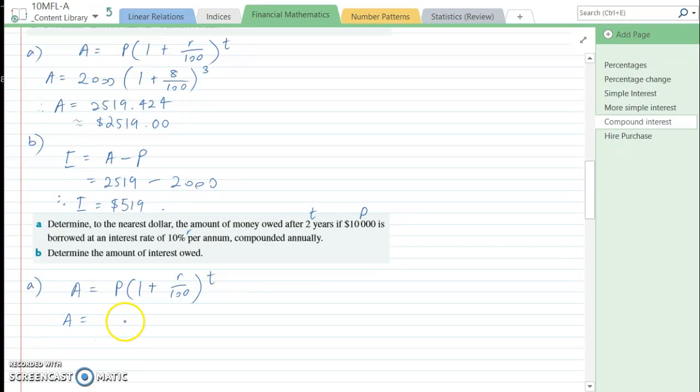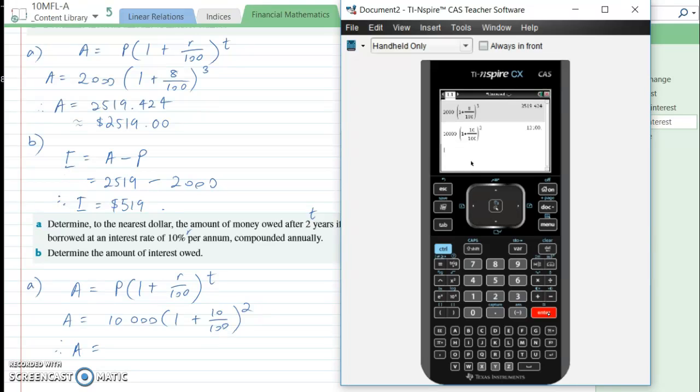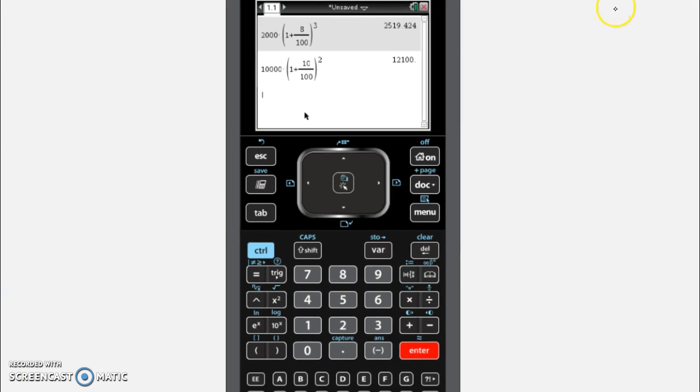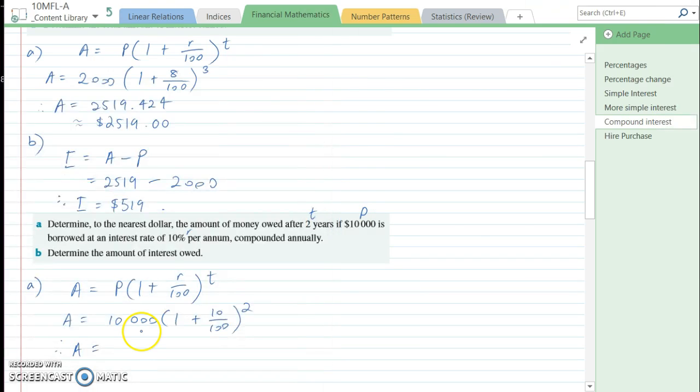So A is P, which is 10,000, bracket 1 plus 10 over 100 to the power of T. And if we type that into our calculator, it'll give us $12,100.